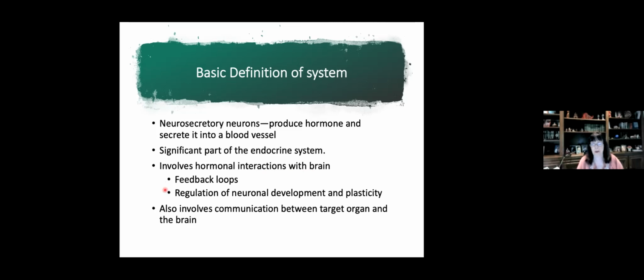For example, if you have a feedback loop that affects a neurosecretory neuron, that's neuroendocrine. Anything that involves the endocrine system and the nervous system and target organ feedback. We'll give you examples of that as we go along. So the neuroendocrine system is really more broadly defined.